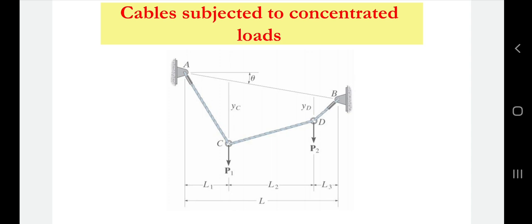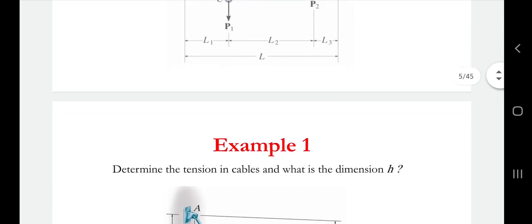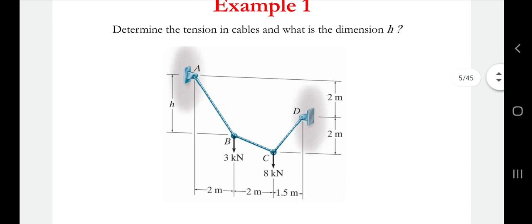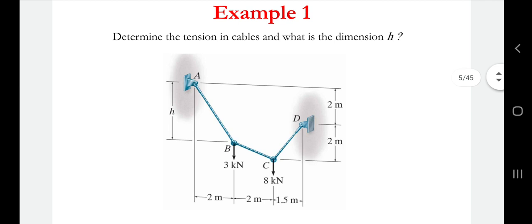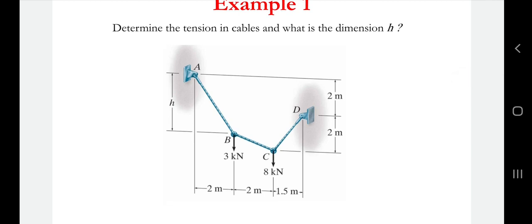Here it is randomly shown for the cable if it were without any loads. When we go into the example, we will understand what the load does and how we will analyze a simple cable with point loads applied on it.